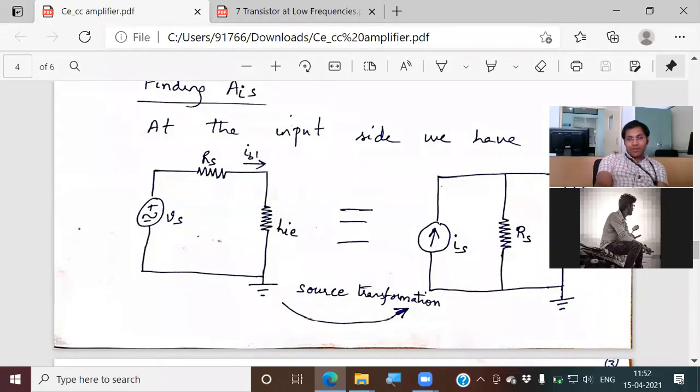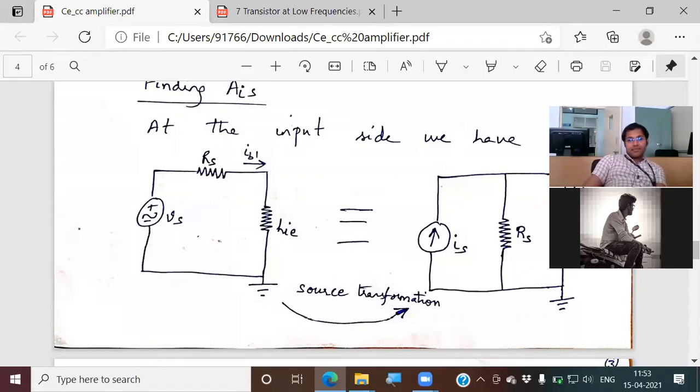The current flowing through one branch resistor, IB1, will be equal to the total current, which is IS, multiplied by the other resistor, RS, divided by the sum of these two resistors. So, what is IB1 here?